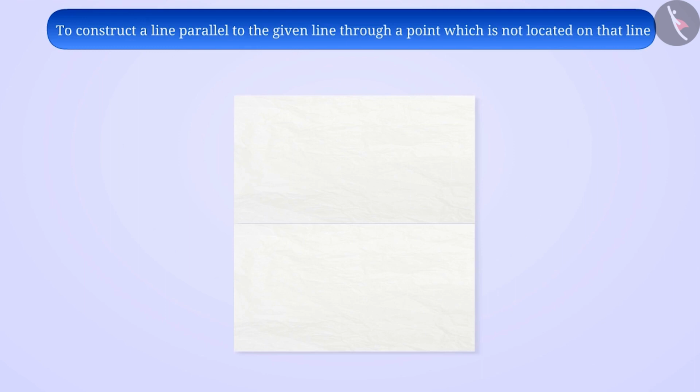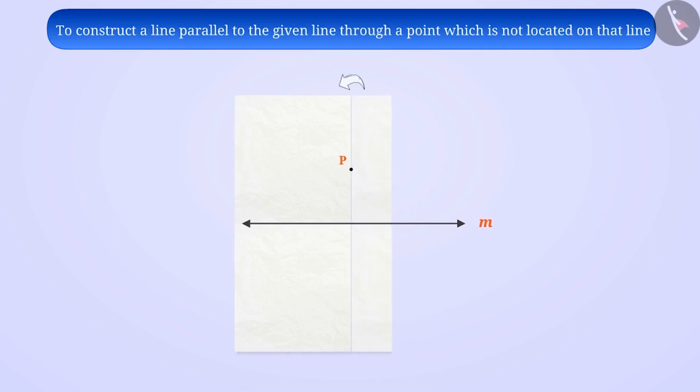This fold represents a line M. Suppose we have to draw a line parallel to the line M from a point P marked outside M. Fold the paper perpendicular at an angle of 90 degrees to the line M such that this perpendicular passes through P. Name the line N. Line N intersects line M at point Q.